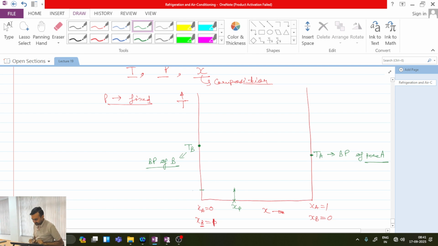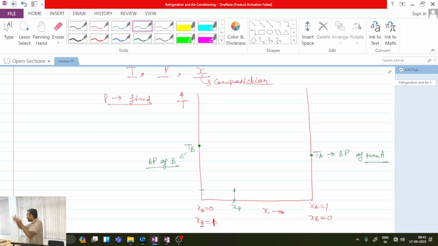Corresponding to this point I have some temperature. Now at constant pressure, I started heating this fluid. What will happen? At constant pressure, if I start heating the mixture having composition P, its temperature will start increasing.